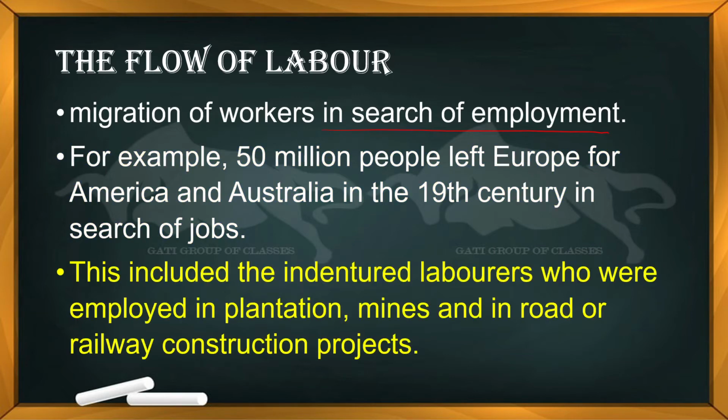It also included indentured labor. The topic of indentured labor we will cover in the next video, but for now, indentured labor were those employed in plantations, mines, and even road and railway construction projects.